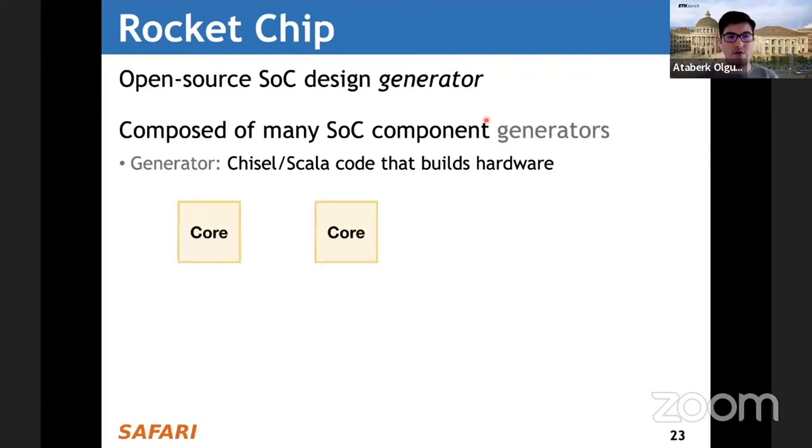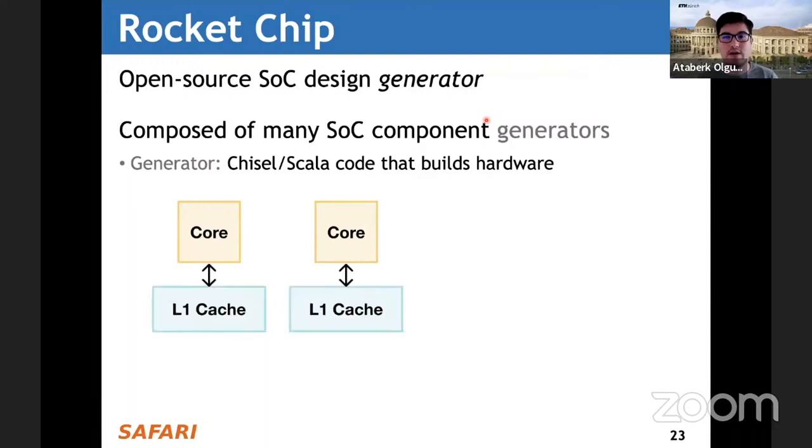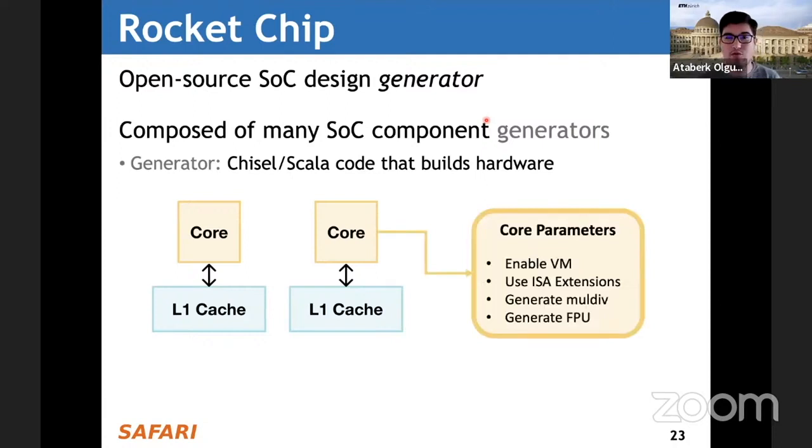In this Rocket Chip generator, we have multiple of these generators that are responsible for building cores and caches in a configurable way. We can change very few lines of code to generate very different architectures or systems.